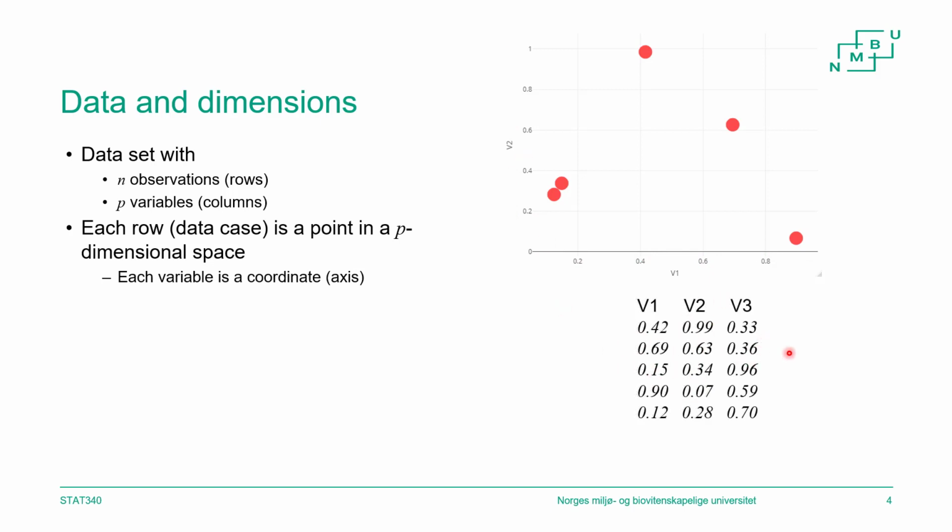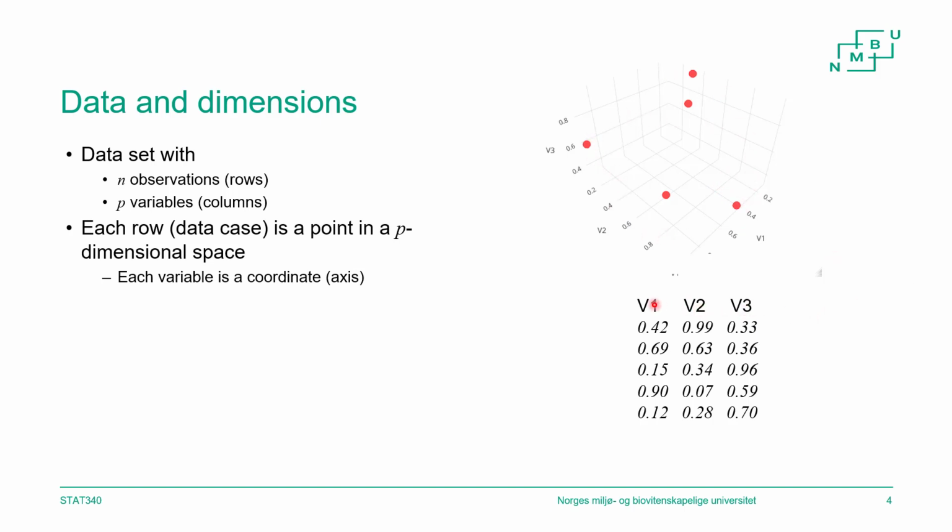And the same if you have 3 variables, we can still somehow make a figure: a 3-dimensional plot with V1, V2 and V3. So we have the third axis. And this is actually where it stops for us. A four-dimensional table, a table with 4 columns, we have big difficulties in making that into a figure.